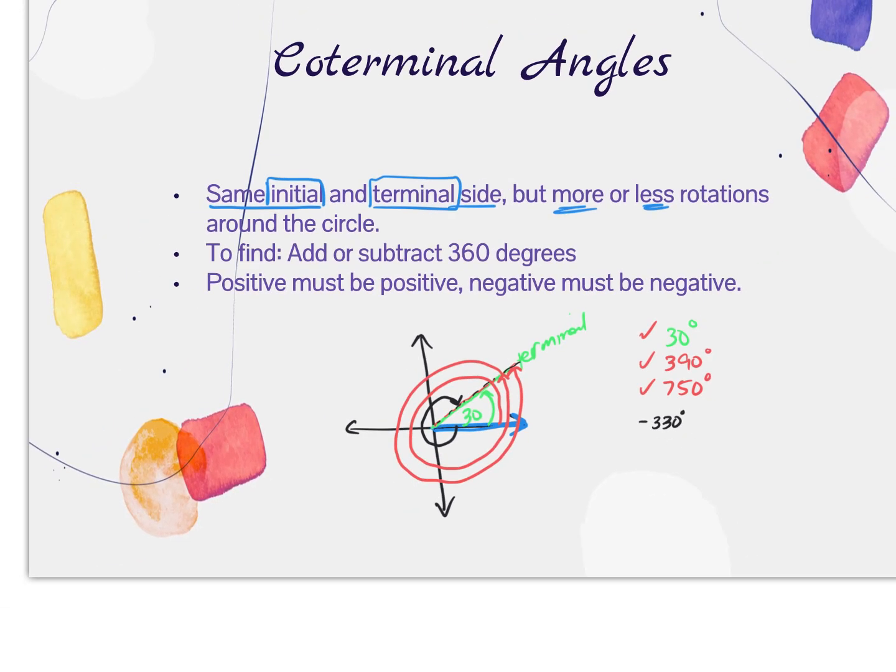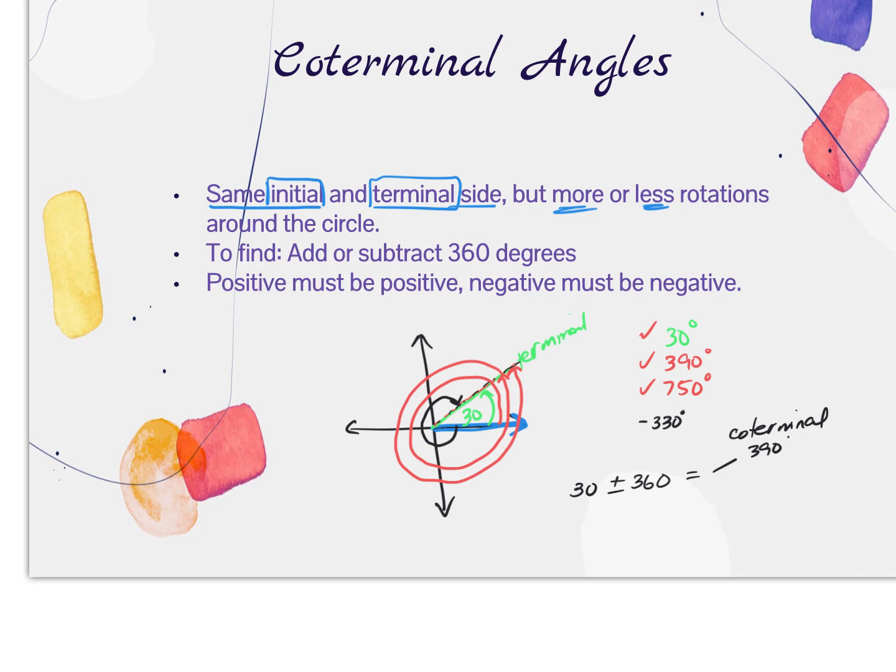So what's the trick to it, right? Well, you take the initial angle, 30, and every time you add or subtract 360 degrees, you're going to get to a coterminal angle. Let me show you. If I add 360 to 30, I get 390.